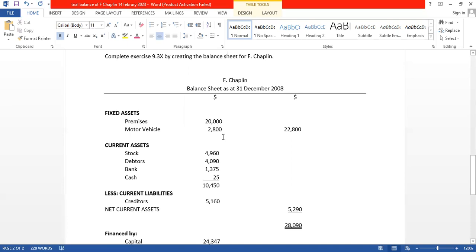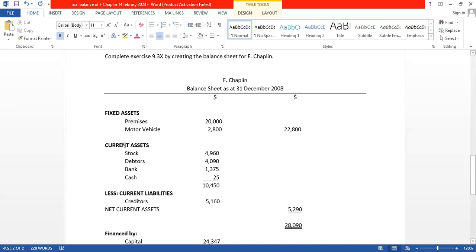When you have received the answer from the calculator, it will be $22,800. You're going to put that answer right beside the amount for the motor vehicle. So it won't be below, but beside in the second $ sign column.